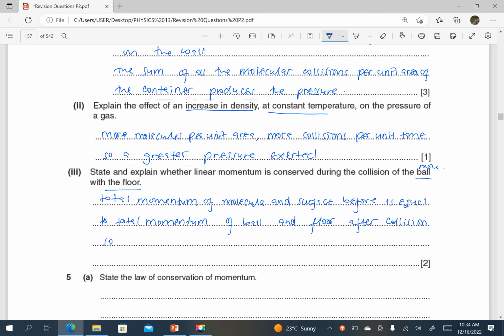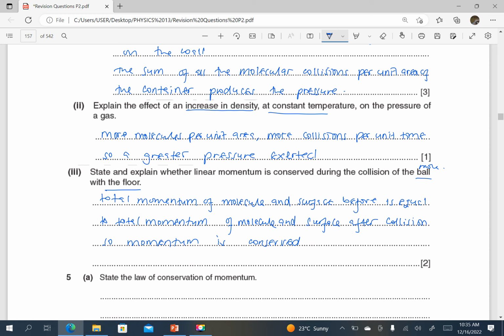So momentum is conserved. Sorry, I want to be specific: although the question says ball, the previous part is showing a molecule and a surface. So total momentum of the molecule and surface before is equal to total momentum of the molecule and surface after collision. So momentum is conserved.